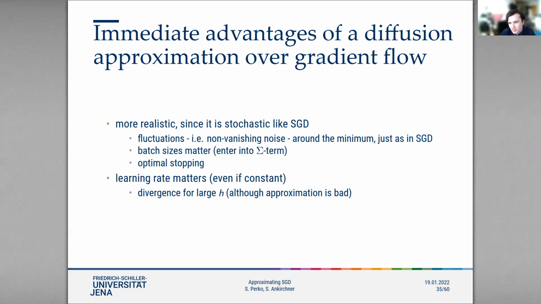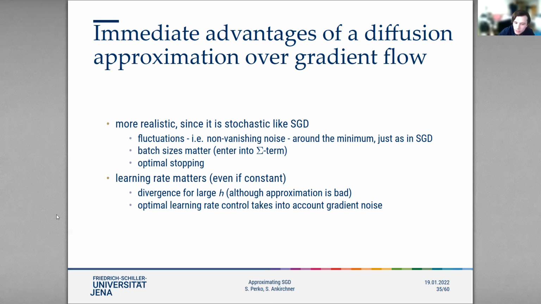So gradient flow will always, if it converges for certain learning rates, converge for all, because the learning rate doesn't even enter into the equation. Whereas for the diffusion approximation, we will also have divergence for large h. Although we should note that these approximations are bad for large learning rates, it's still interesting that both the diffusion approximation and stochastic gradient descent will have the same behavior.